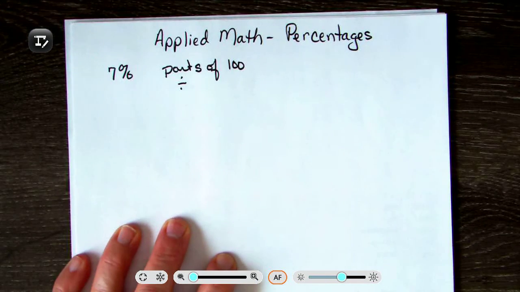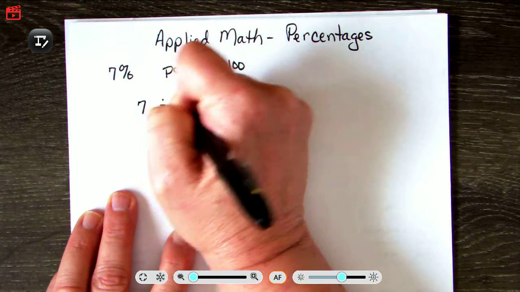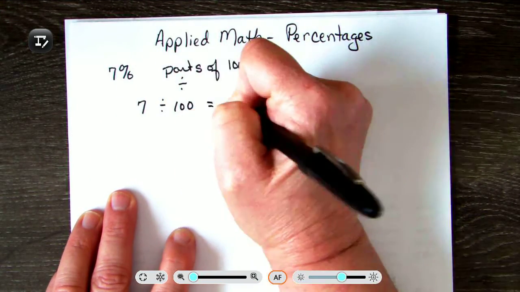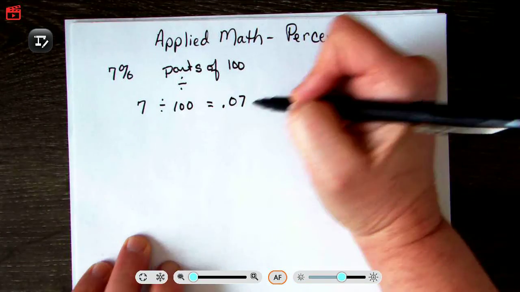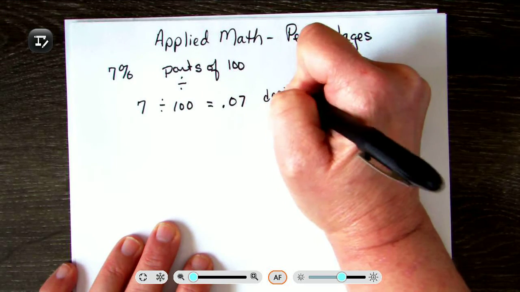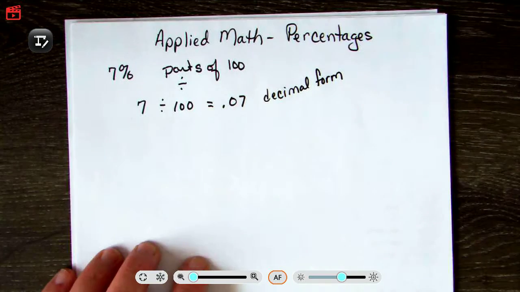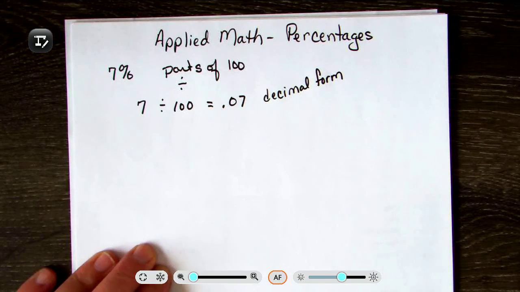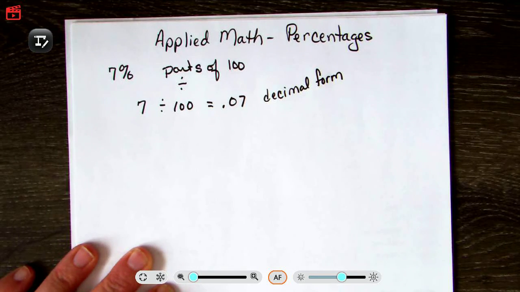So when I think of 7%, think 7 divided by 100, which gives us 0.07. So this is a percent in its decimal form. And this is the one that we use to calculate. So I like to think of the decimal form of a percent as the working form.